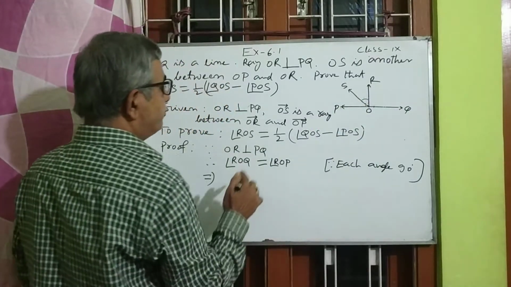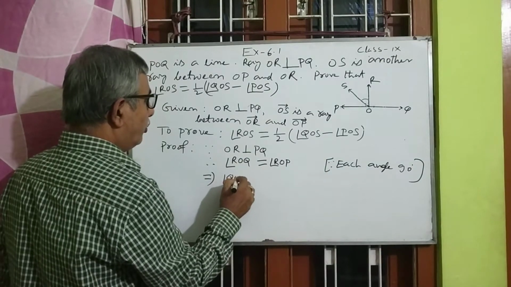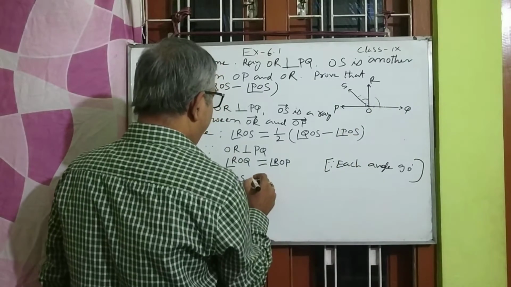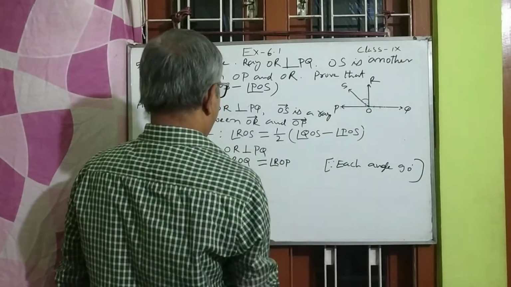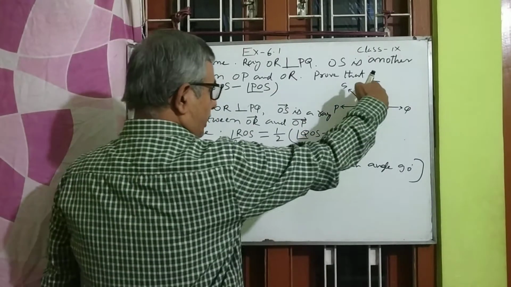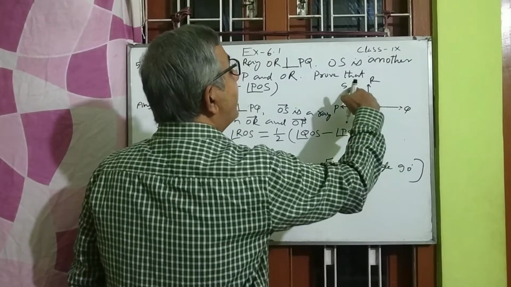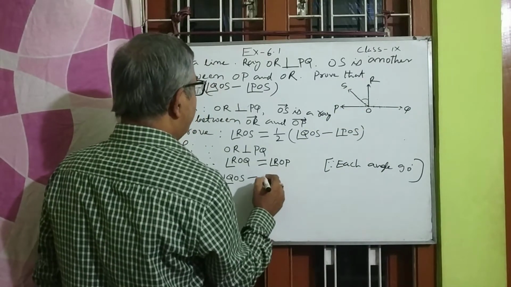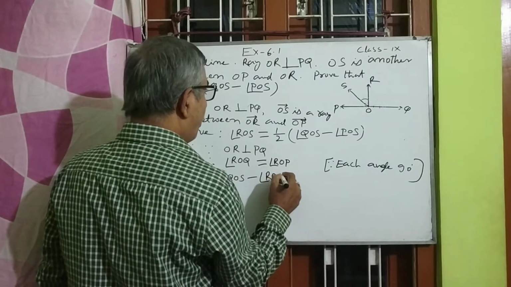So we have to write angle QOS, this total angle, and minus which angle? Instead of ROQ, we are going to write angle QOS minus angle SOR, or ROS.